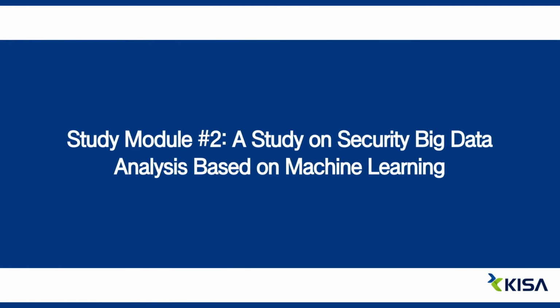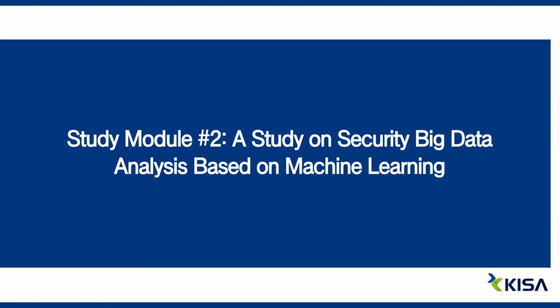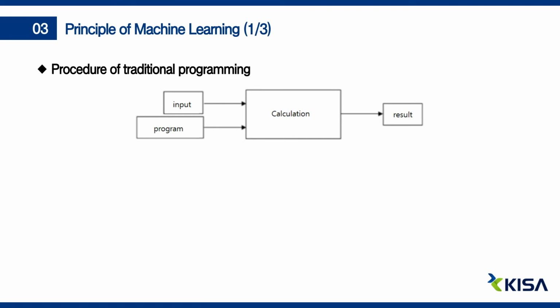This slide introduces the second study model, a study on security big data analysis based on machine learning. The traditional programming procedure starts with entering data into a program. Then the program processes calculation and produces results.